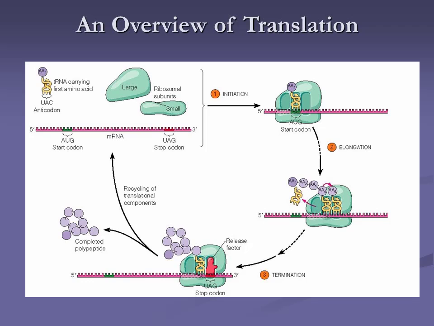It has an anticodon. That anticodon recognizes our stop codon, but it doesn't have an amino acid and it has a different shape. And so when the ribosome moves into place and you see that release factor in the A site, it's like a stick of dynamite. Boom, it blows this whole thing up into our individual components again, but the completed protein is free to do what it's going to do.